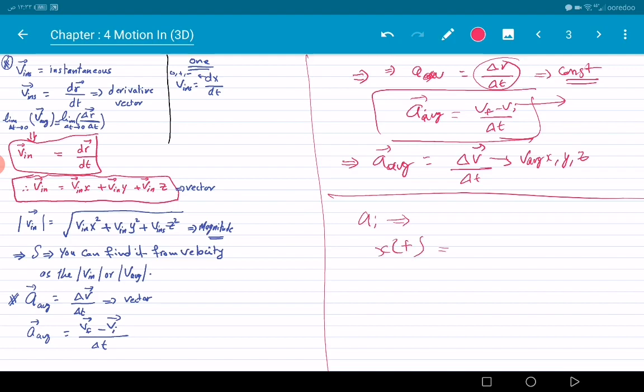You can find it as the first derivative of the velocity divided by t. From x, you can find the acceleration as the second derivative of x divided by dt squared.